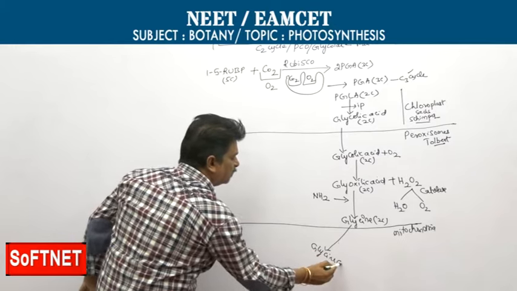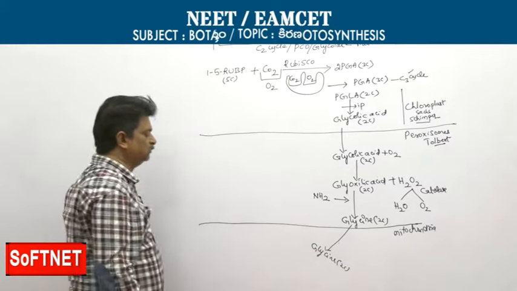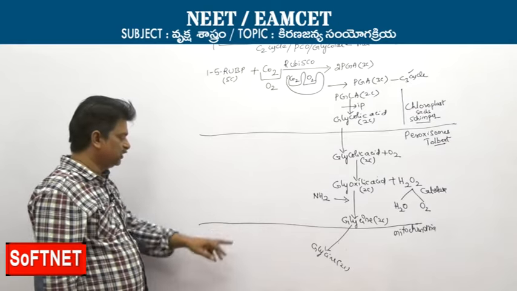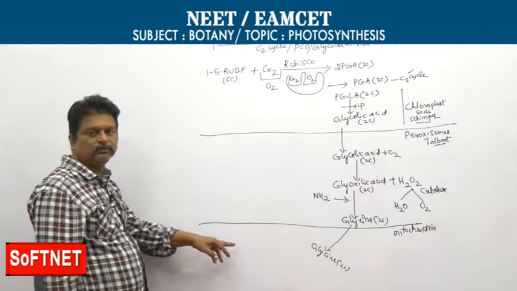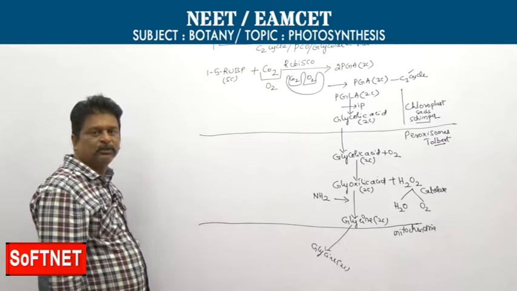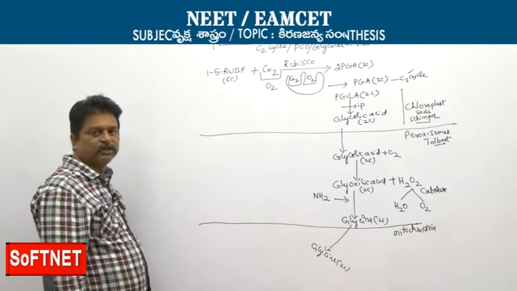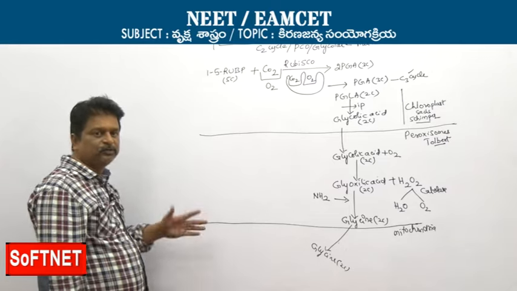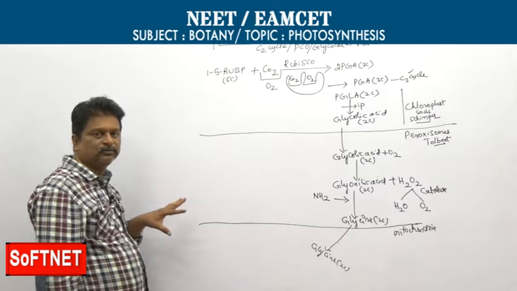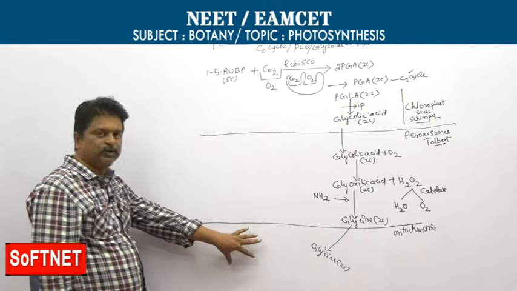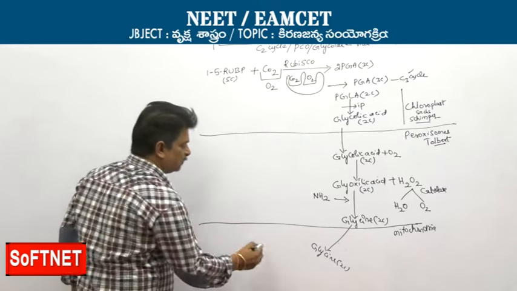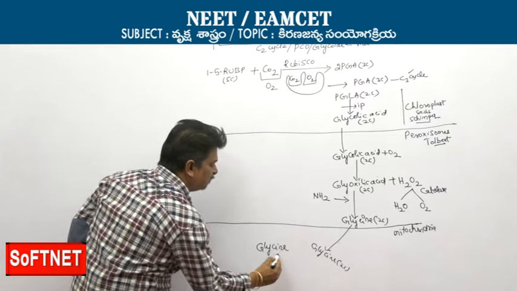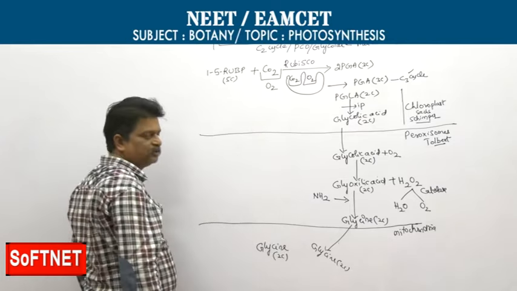Here, the mitochondrial matrix already contains some amino acids, because in the matrix the Krebs cycle takes place, and an intermediate product of the Krebs cycle is alpha ketoglutaric acid, which is a precursor for amino acids. So, this matrix contains many amino acids, along with glycine.